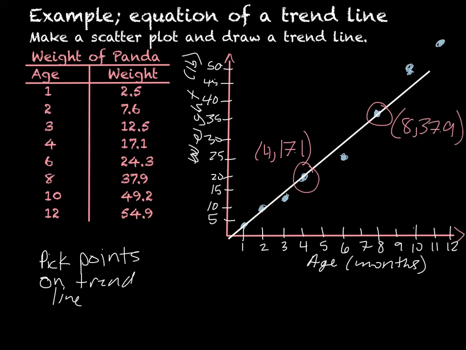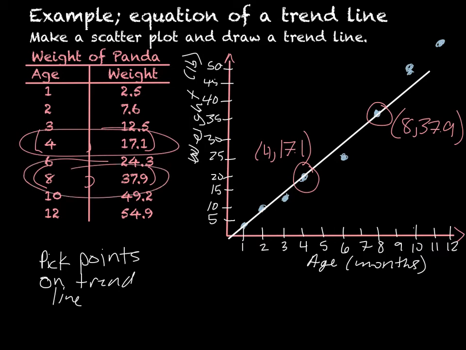And we got those points from the graph, or from our table. We've got 4, 17.1, and we've got 8, 37.9. So those are the points that are pretty close to our trend line, so I'm going to use those points.